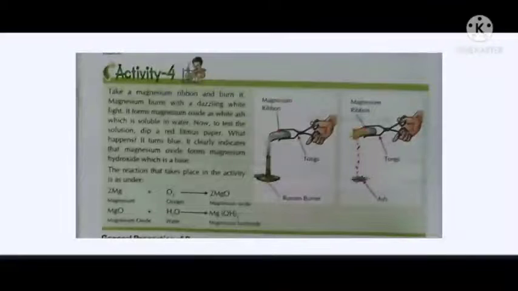Look at this activity, which will help you understand it very well. Next point, general properties of bases. Bases are usually oxides and hydroxides of metals. The physical properties of bases are that they are bitter in taste and soapy to touch. They turn red litmus paper blue.